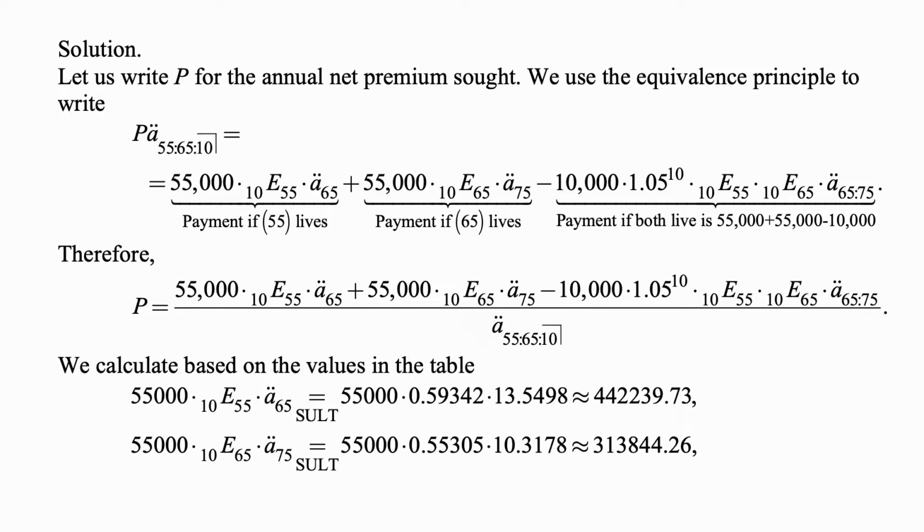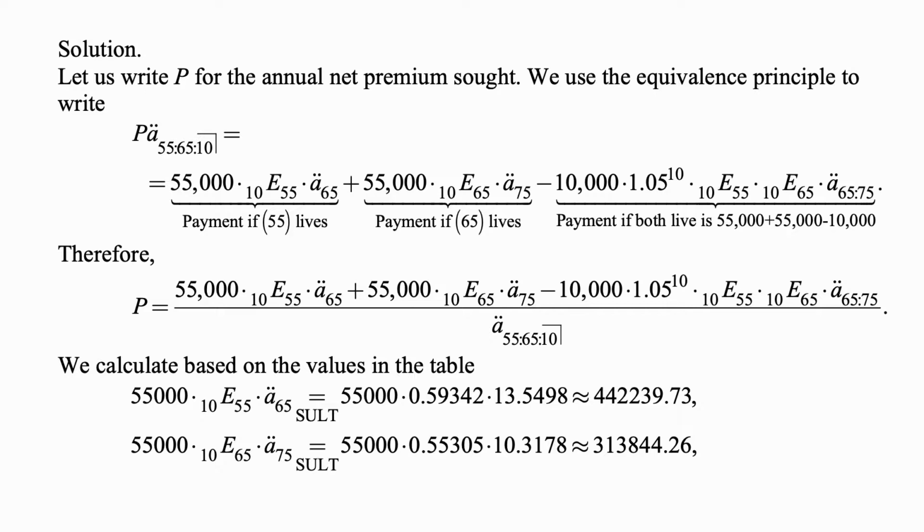So we subtract 10,000 times the present value factor, which is accomplished by 10E55 times 10E65, which is two probabilities multiplied, which is the probability that they're both alive because they're independent, times two factors of 1.05 to the negative 10. But we need only one factor to discount like that. So that's why I have 1.05 to the 10th in front.